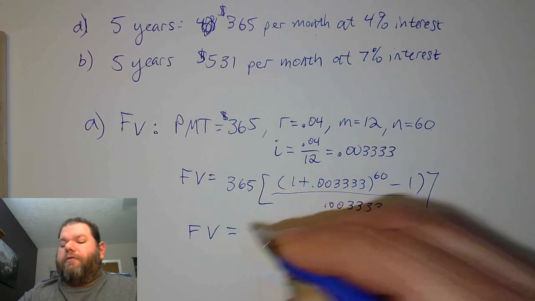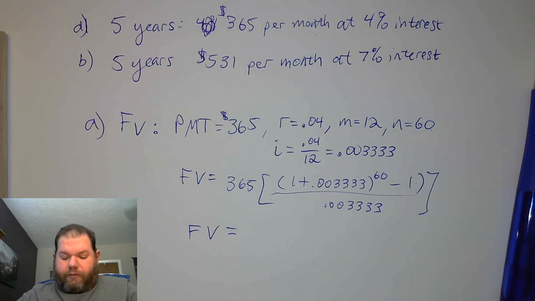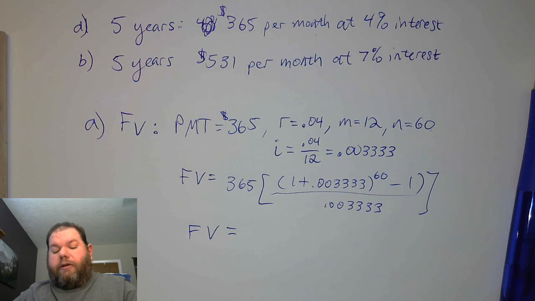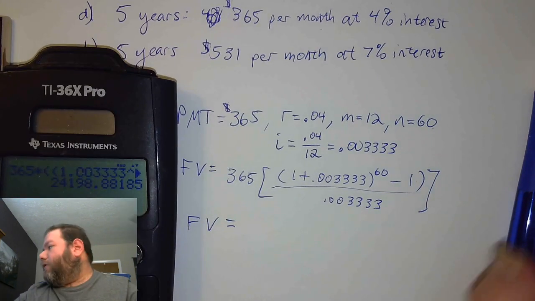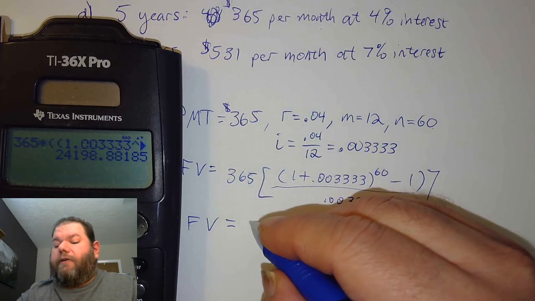So our future value in this case, and this is just the future value after the first 5 years that we're finding. So it's 1.003333 raised to the 60th minus 1, and then divided by 0.003333. So I got $24,198.88.